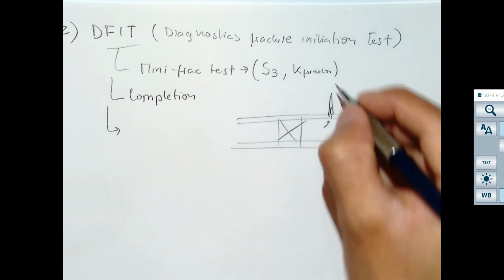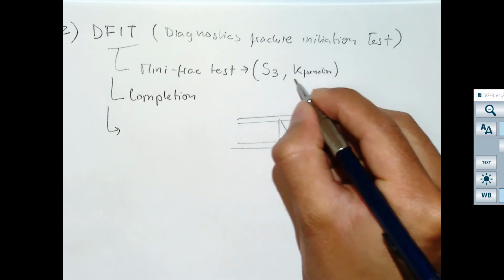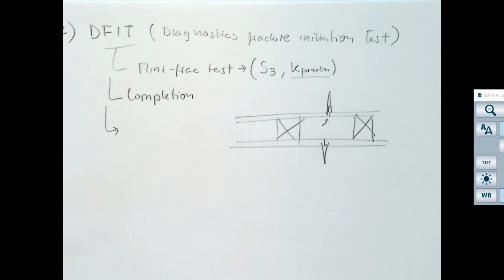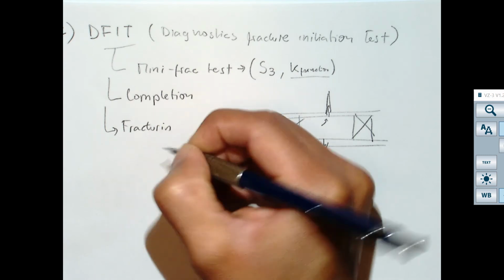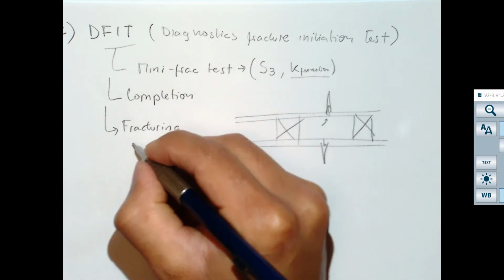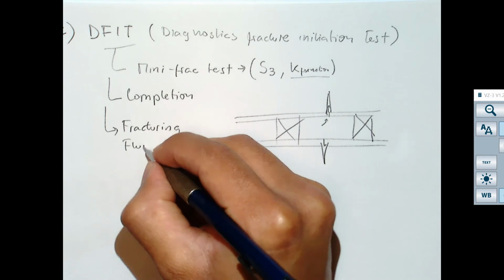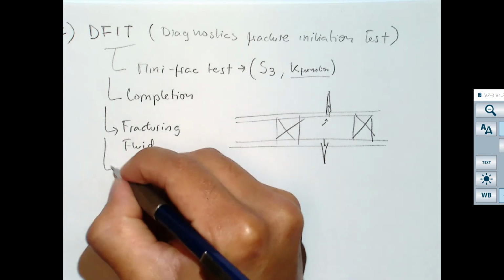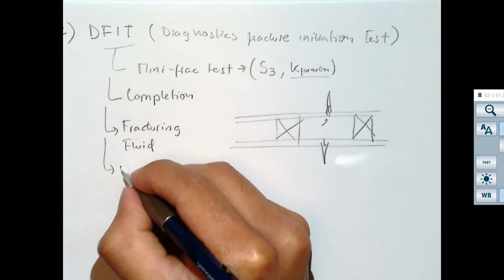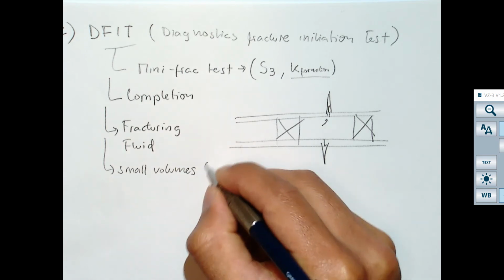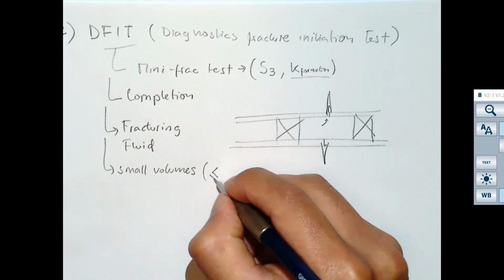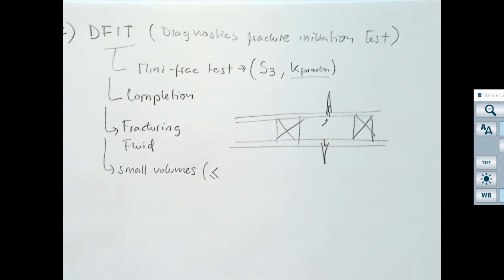And if you use some special methods, you can also predict what is the permeability of the formation, something that is very important for unconventionals. So here you use a fracturing fluid. Usually you also use small volumes, less than, well, more or less 10 barrels or so.